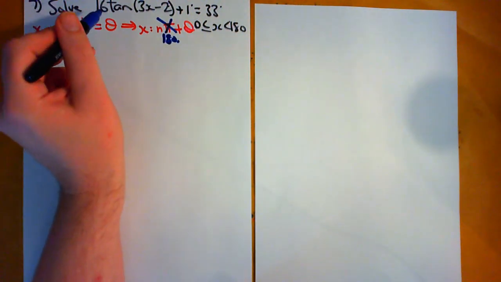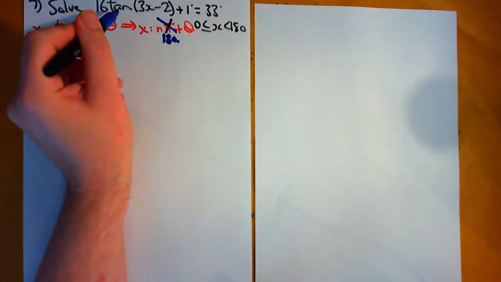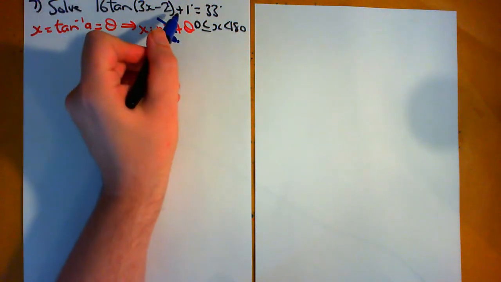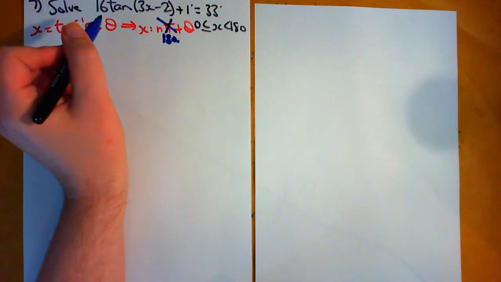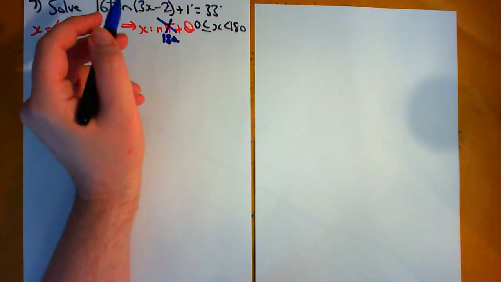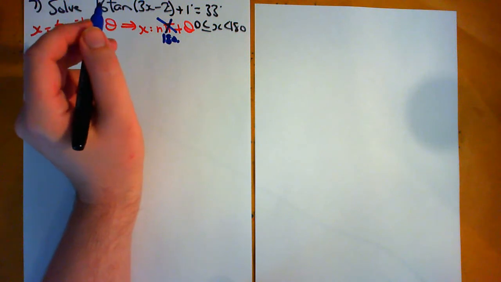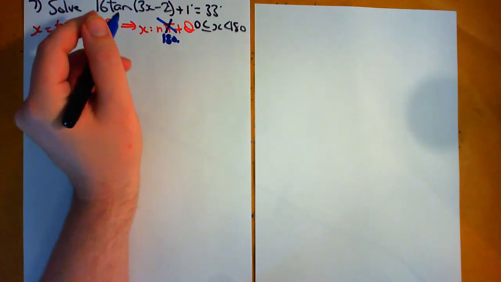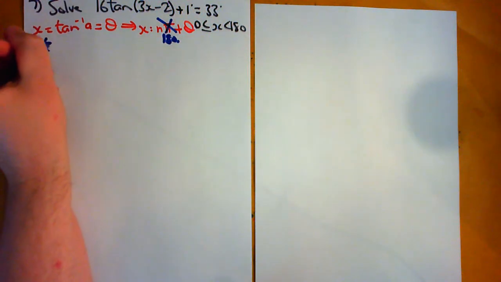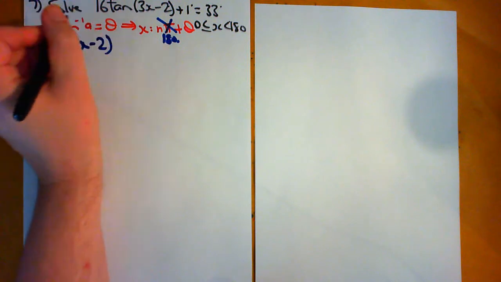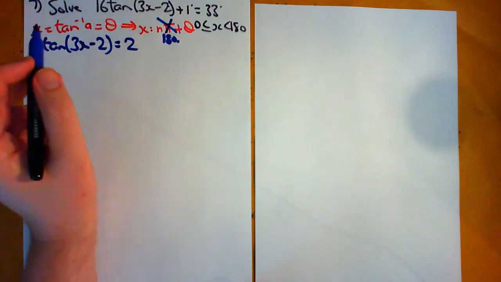Now we need to rearrange this equation so we've got tan of bracket equals number. So subtracting 1 from both sides gives us 16 tan(3x - 2) = 32, and if we divide that by 16 we get tan(3x - 2) = 2.